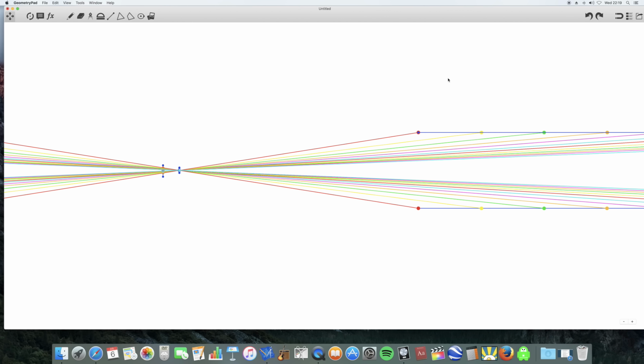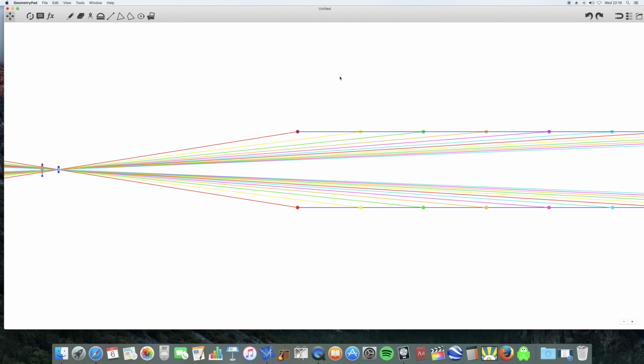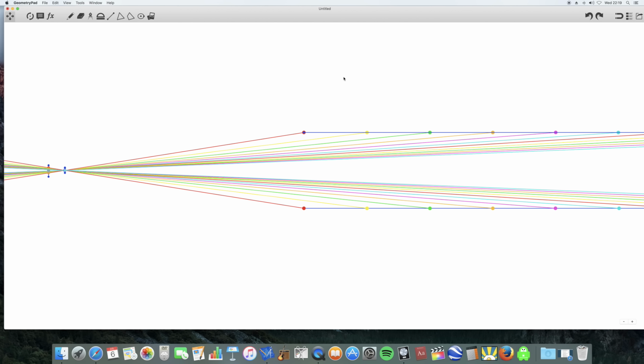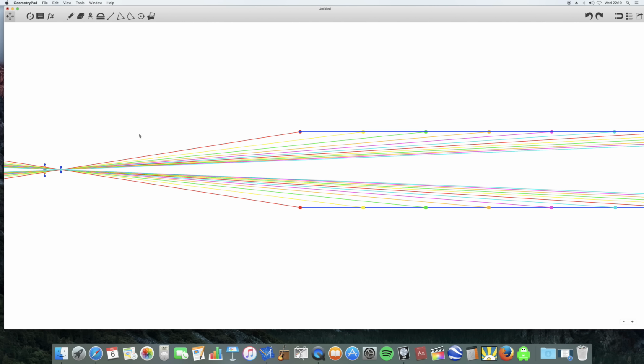Now, something I've really got to make absolutely clear about is these lines aren't getting closer together in reality in space. It's only the images of the lines that look like they get closer together on the image.